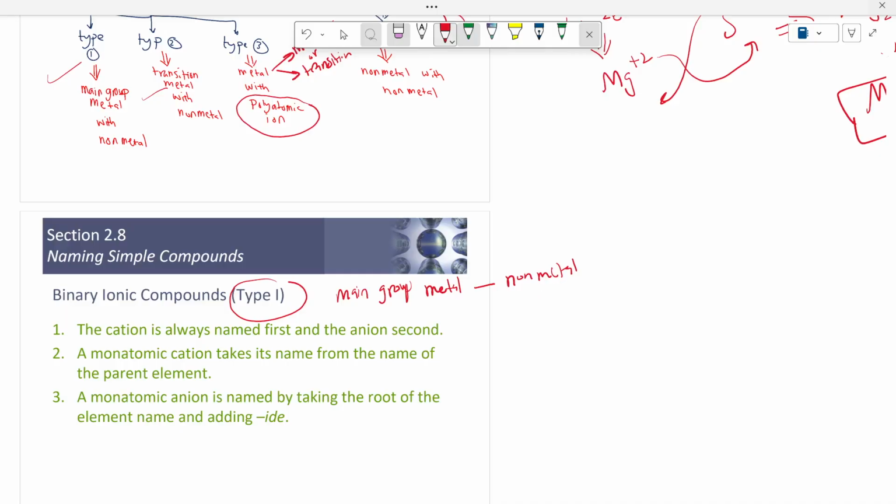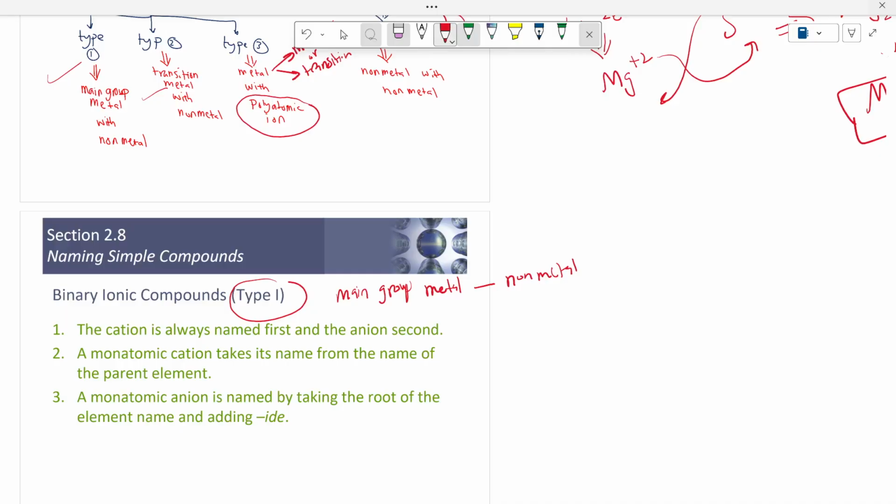But for the name of the non-metal, you should replace the last 2-3 letters with the suffix IDE. So oxygen becomes oxide, nitrogen, nitride, bromine, bromide, chlorine, chloride, iodine, iodide, sulfur, sulfide, hydrogen, hydride, and so on. Phosphorus, phosphide, and so on.